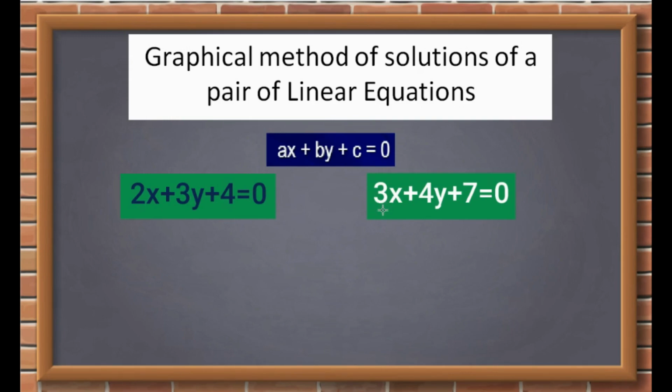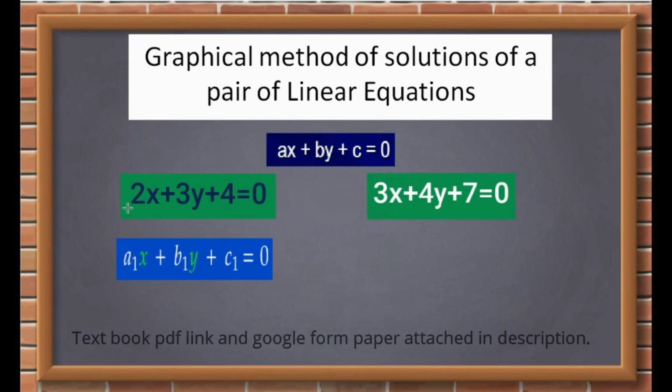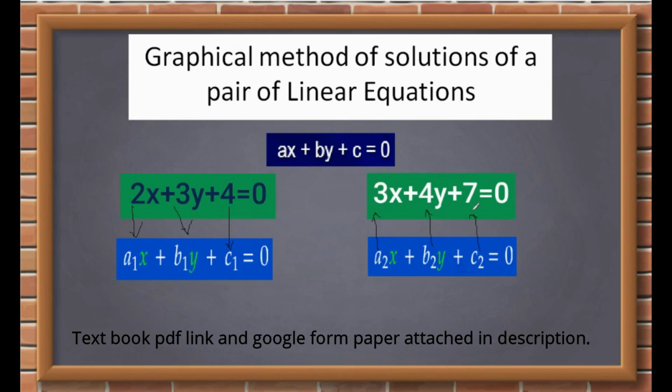So to avoid this confusion, I take a1, b1, c1 as the coefficients for the first equation and a2, b2, c2 as the coefficients for the second equation. Here a1 is 2, b1 is 3 and c1 is the constant 4, and a2 is 3, b2 is 4 and c2 is the constant 7.